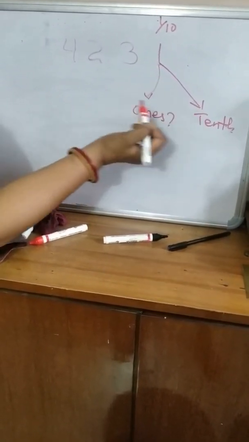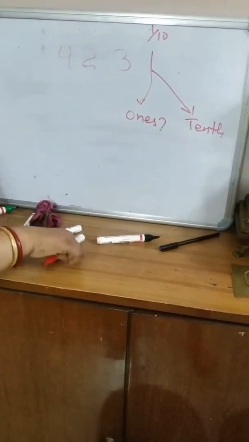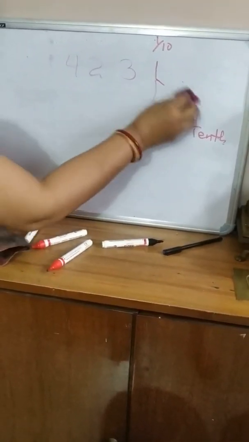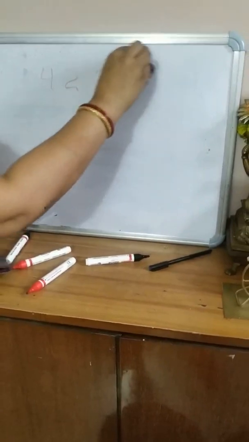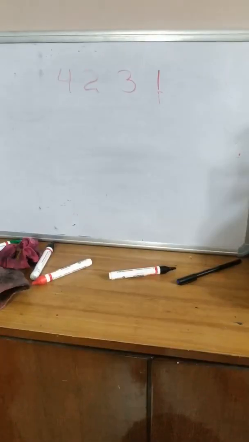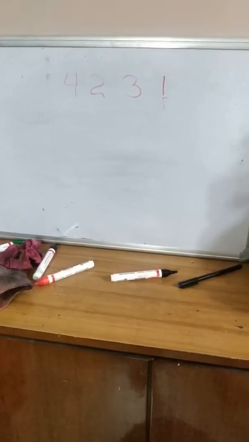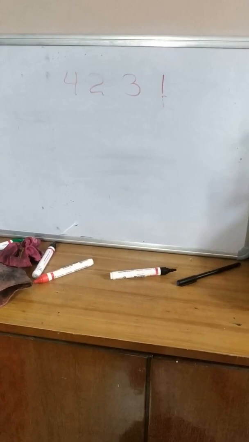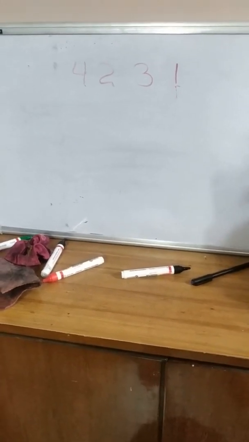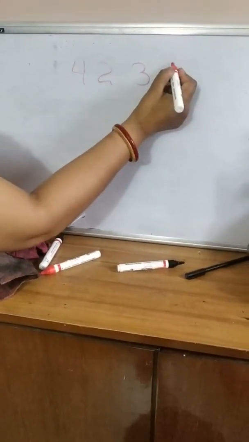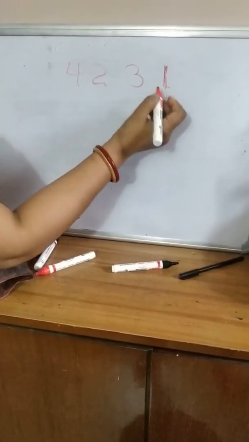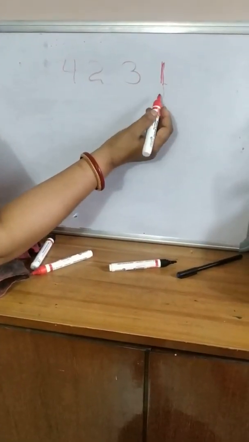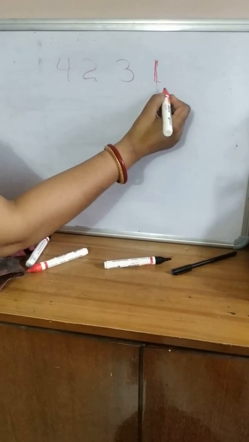So here all of you see how I am going to write it. How will we represent this one? It is either ones place or 1/10th place.